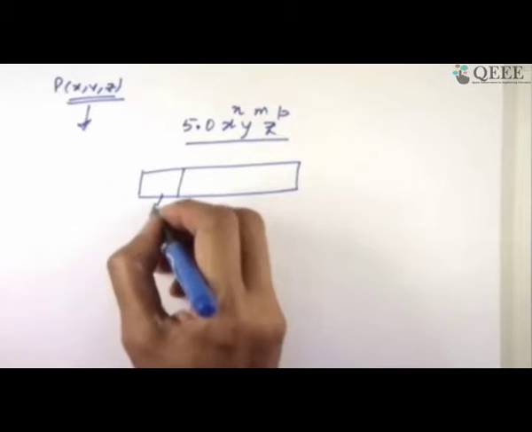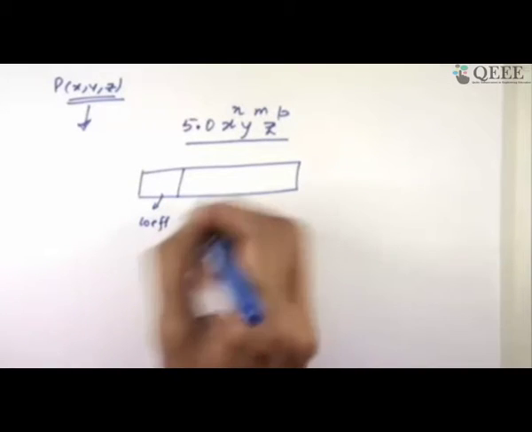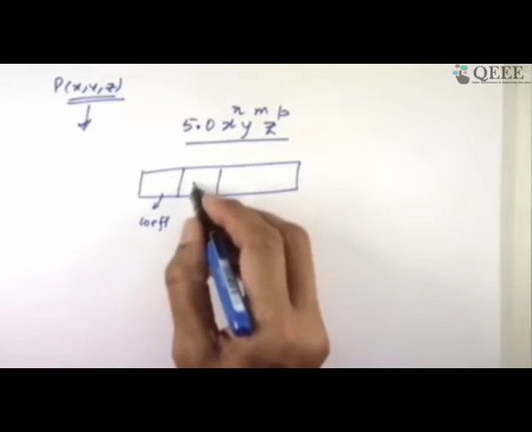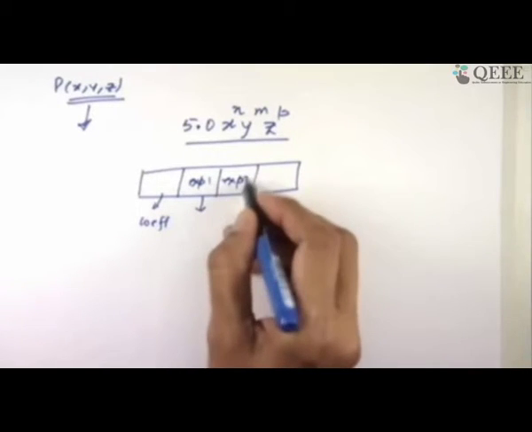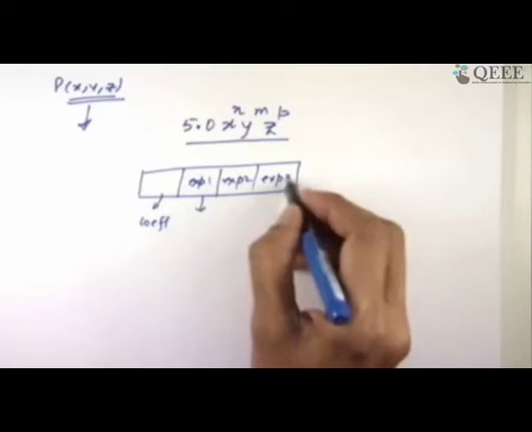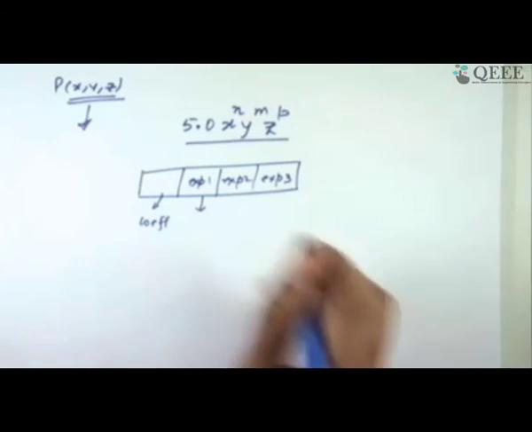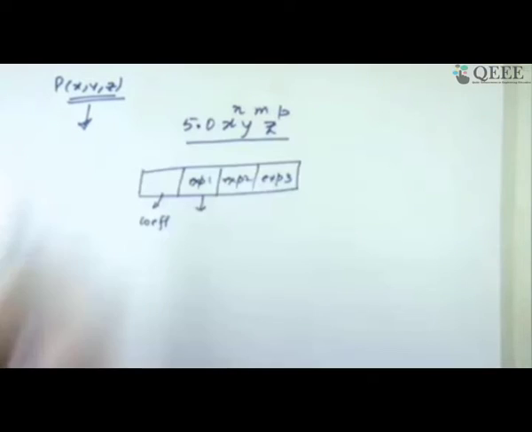So one for the coefficient, one for the exponent of the first variable, exponent for the second variable, and exponent for the third variable. This was fixed. Now suppose you say, no, I don't know. It can be up to a 10 variable multinomial.